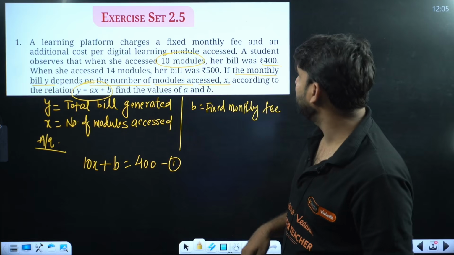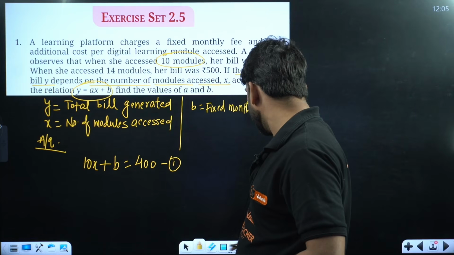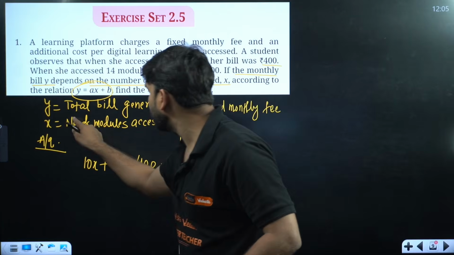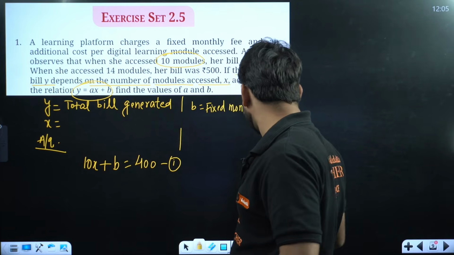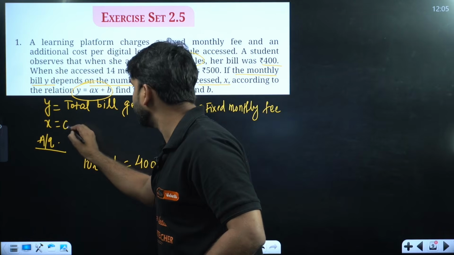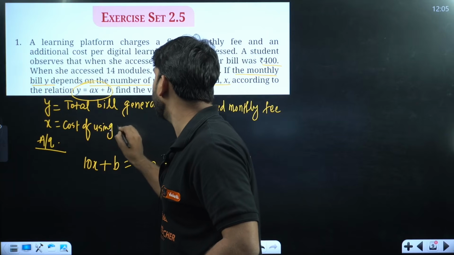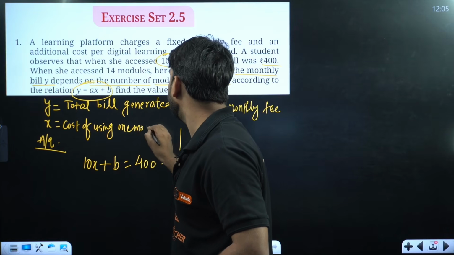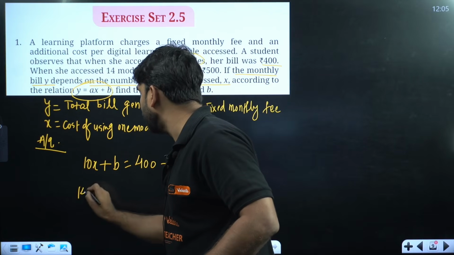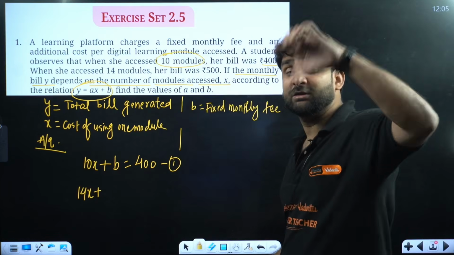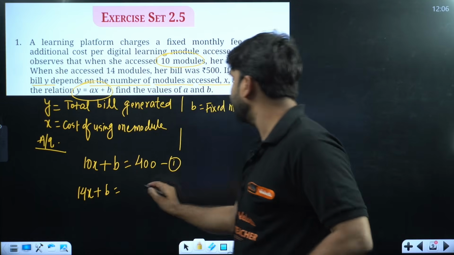Actually, we can modify this: X is the cost of using one module, and 14 is the number of modules. So the second equation will be 14x plus the fixed monthly fee b is equal to the total bill, which was 500.